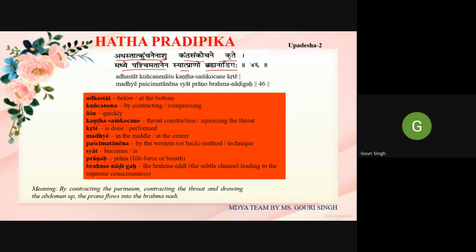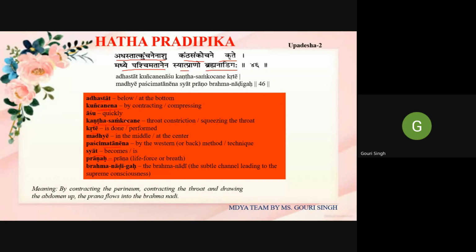Here it is talking about the contraction of the perineum. That means it is talking about another bandha, because in the Udyan we are just applying the bandha in the stomach, means abdomen area. But whenever the Kunchanam is said, which bandha is it talking about?